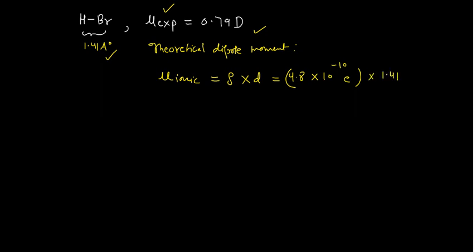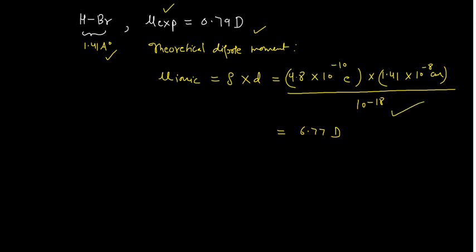So you will convert this into centimeter, 10 raised to the power minus 8 centimeter. And if you want the answer in Debye, then this should be multiplied by 10 raised to the power minus 18. This is a little trick which you need to know, and if you solve this, you will find it is 6.77 D.